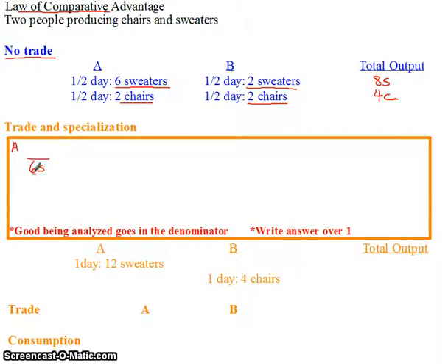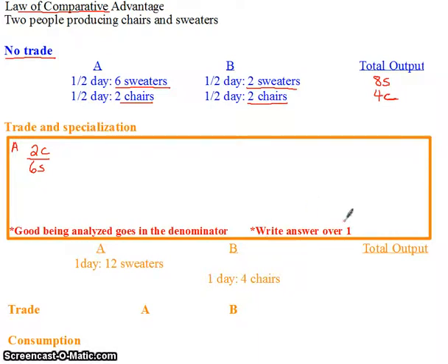In half a day they can make 6 sweaters. If they weren't making 6 sweaters during that half day, they could have made 2 chairs. So that goes in the numerator. With this ratio, every time that A makes 6 sweaters, he gives up 2 chairs. And then we want to get that over 1.